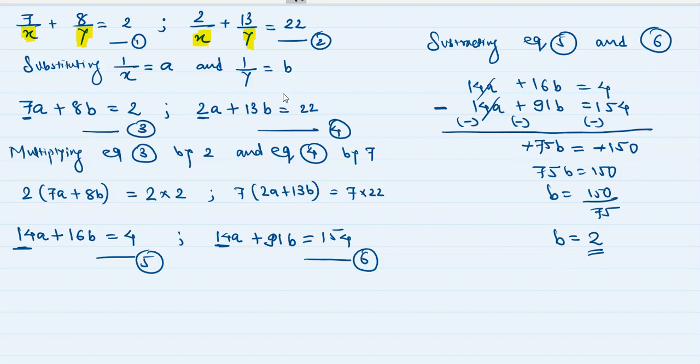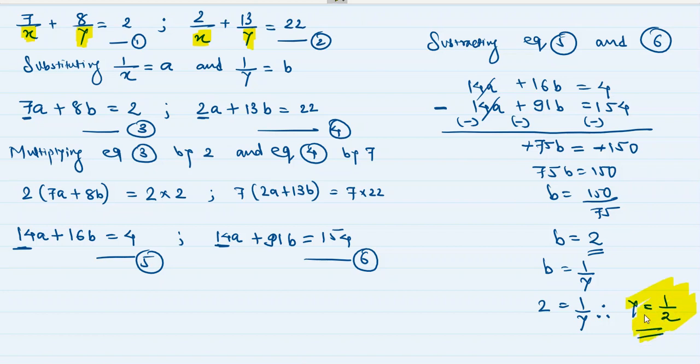Now what is b actually? So b is 1 upon y. So you can write b is equal to 1 upon y, b is 2, 2 is equal to 1 upon y, and therefore you get the value of y as 1 upon 2. In the place of y, you got 1 upon 2.